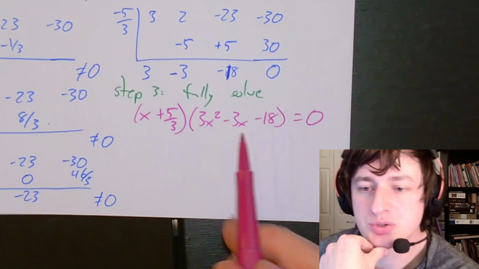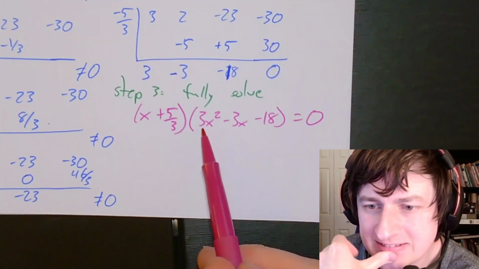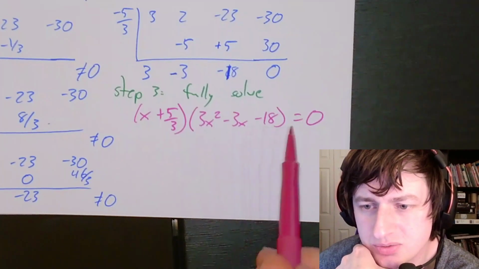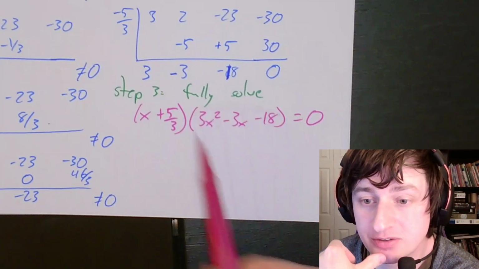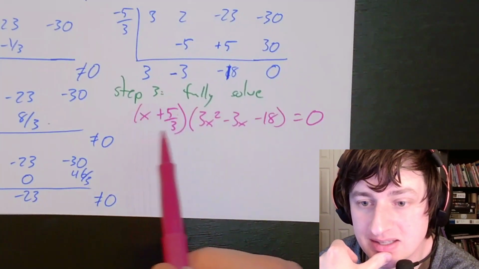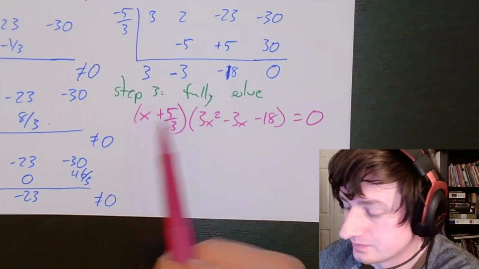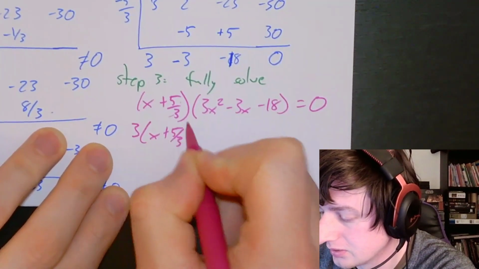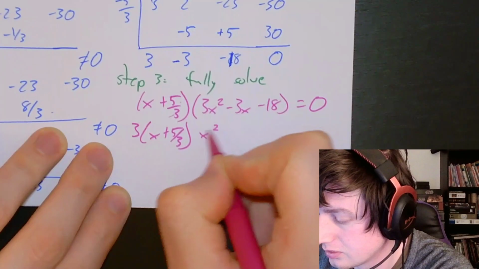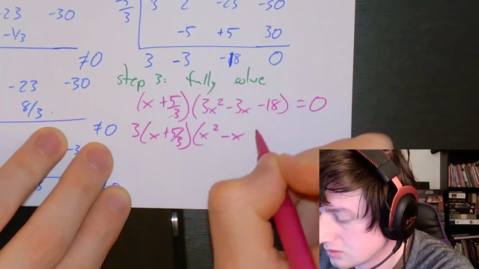Now here's where the issue comes. See how these are all 3s? We have a greatest common factor of 3. I'm going to factor that out, and I'm going to multiply this thing by 3. So 3 times x plus 5/3 times x squared minus an x minus 6.